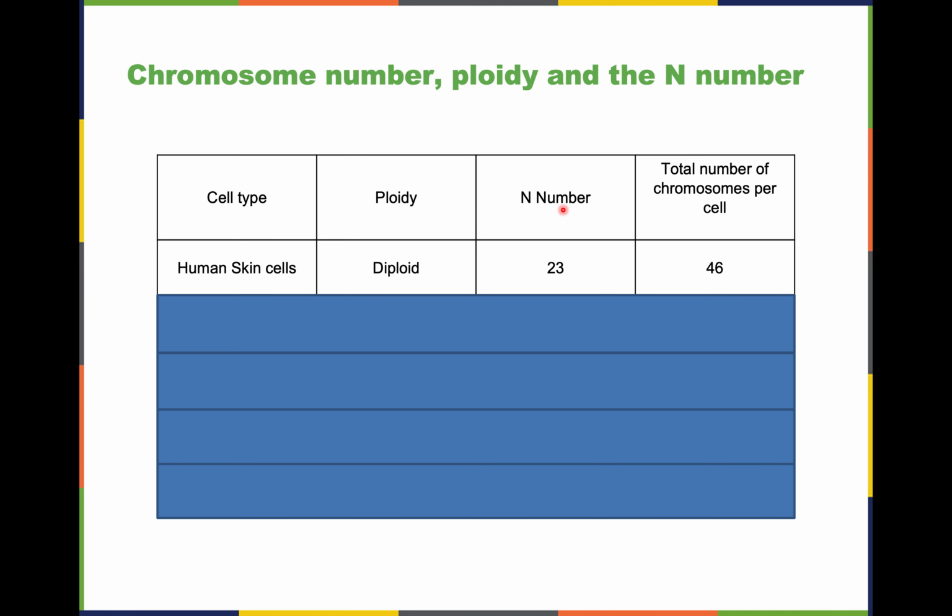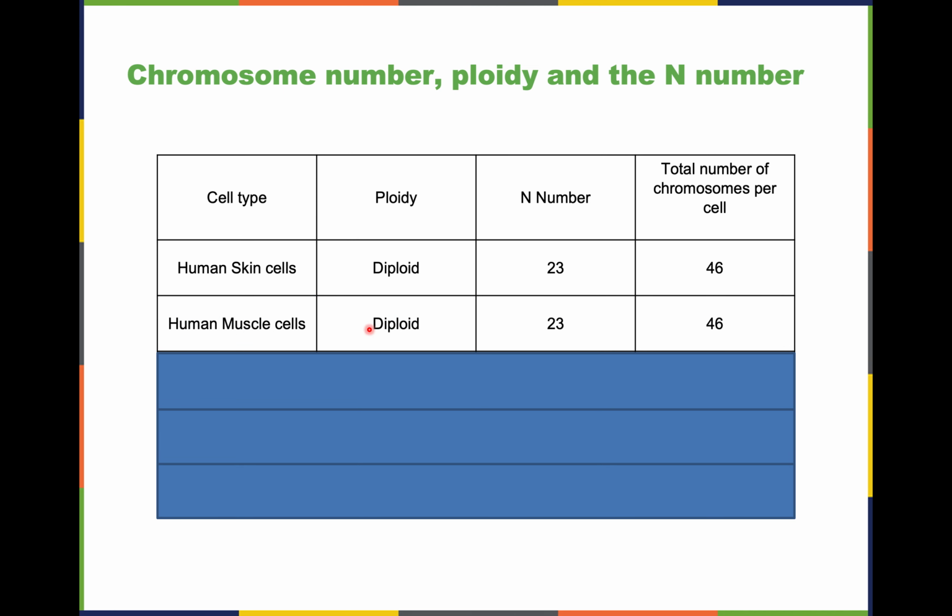So let's take a look and see what it looks like in numbers. So human skin cells, they're not sperm or egg, so therefore they are diploid. They have two sets of chromosomes. So what is the number of chromosomes in one set? It's 23. But since this cell is diploid, the total number of chromosomes it has is 46 because it has two sets of these.